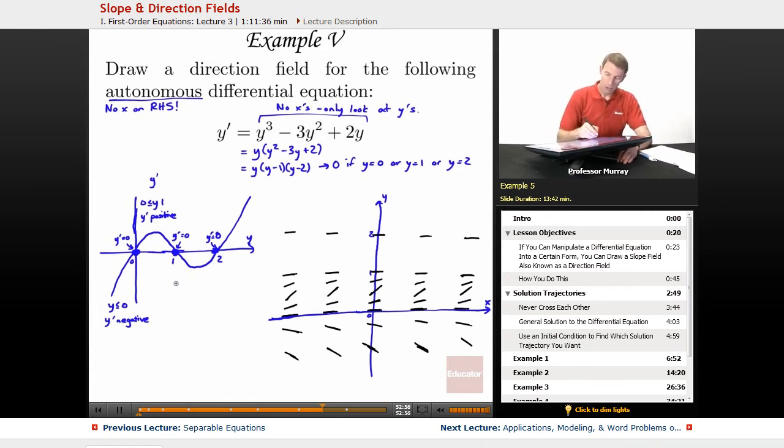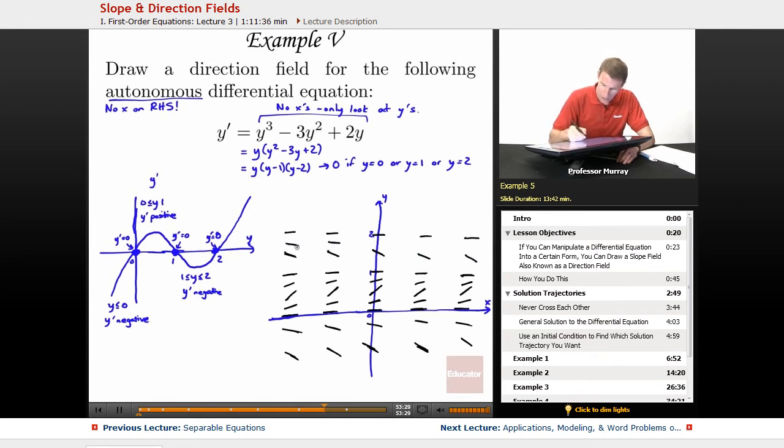And now when I look at y's between 1 and 2, so here y, remember y is on the horizontal axis over here, y is between 1 and 2, I see that y prime, the y cubed function, is negative again. And so I'm going to draw some negative slopes here in between 1 and 2 on the y-axis. Some negative slopes.